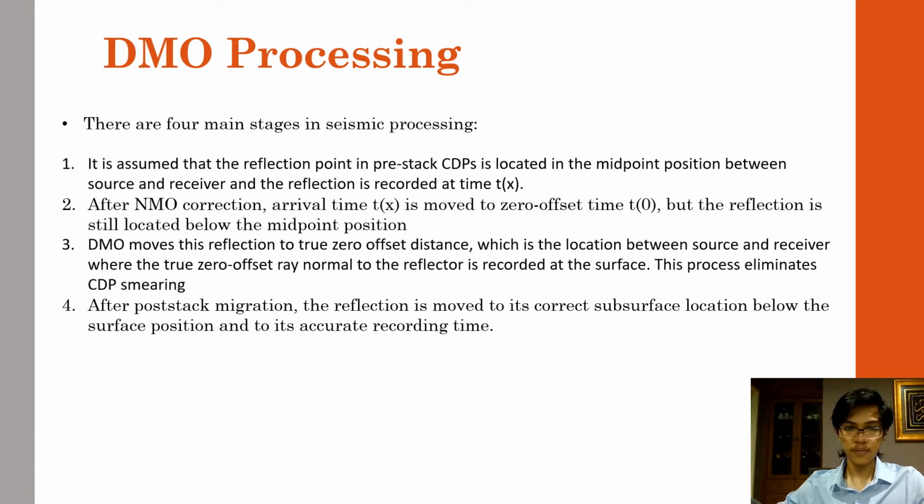Number two, after NMO correction, the arrival time Tx is moved to zero offset time, T0, but the reflection is still located below the midpoint position. Number three, DMO moves this reflection to the true zero offset distance, which is the location between source and receiver, where the true zero offset ray normal to the reflector is recorded at the surface.